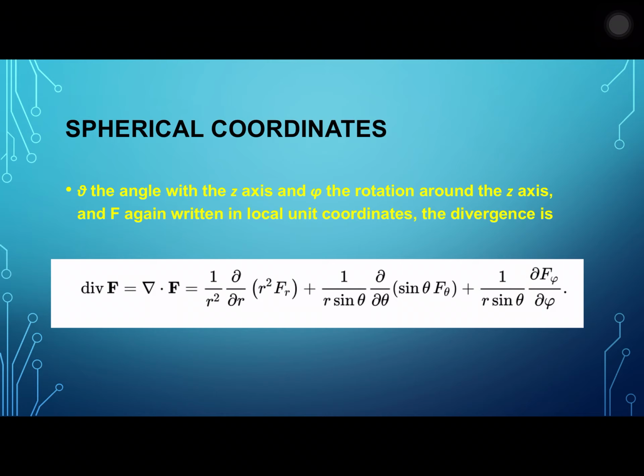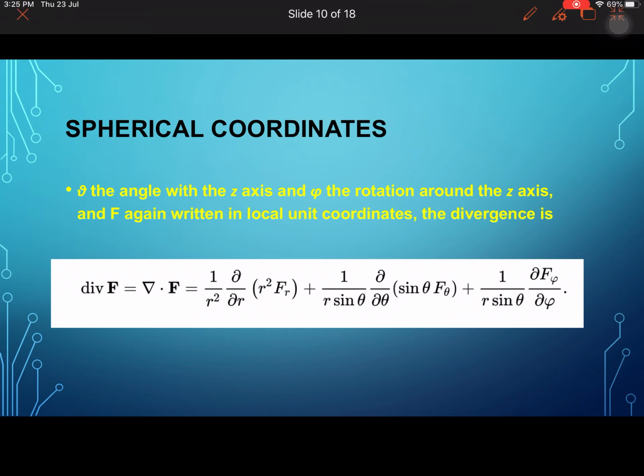But here I want to give you some material beyond the textbook, for my students who aspire to pursue physics as their life subject. So in the spherical coordinates, how is this?